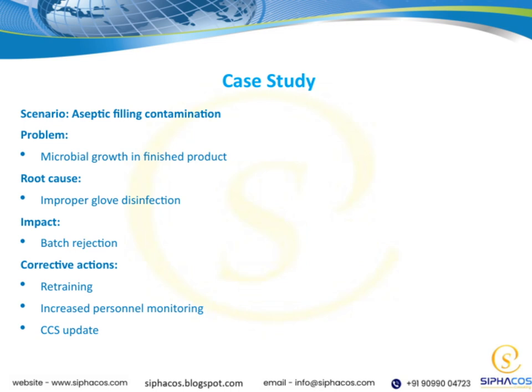Lastly, updating the CCS, or Control and Compliance System, provided a more robust framework for ongoing oversight. This case underscores the importance of vigilance at every step of the aseptic process. It also reminds us that continuous training and system updates are key to maintaining product integrity and safeguarding patient health.